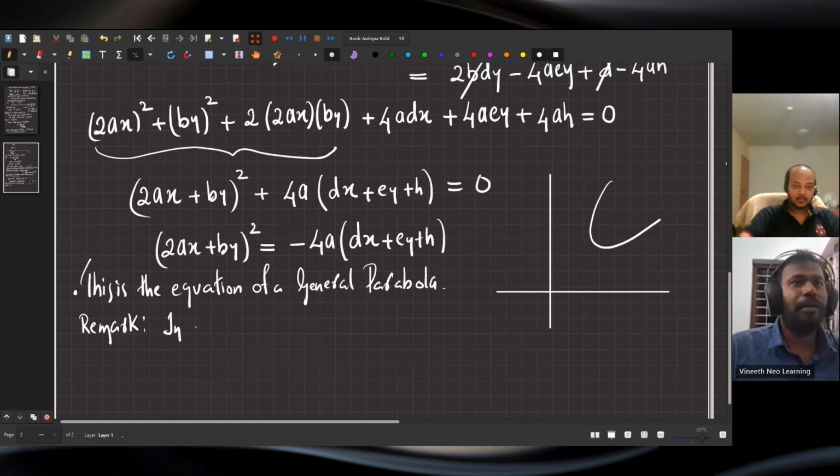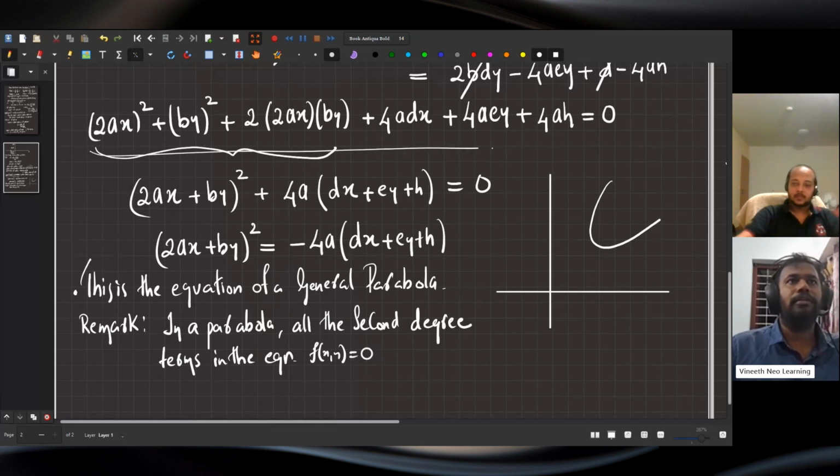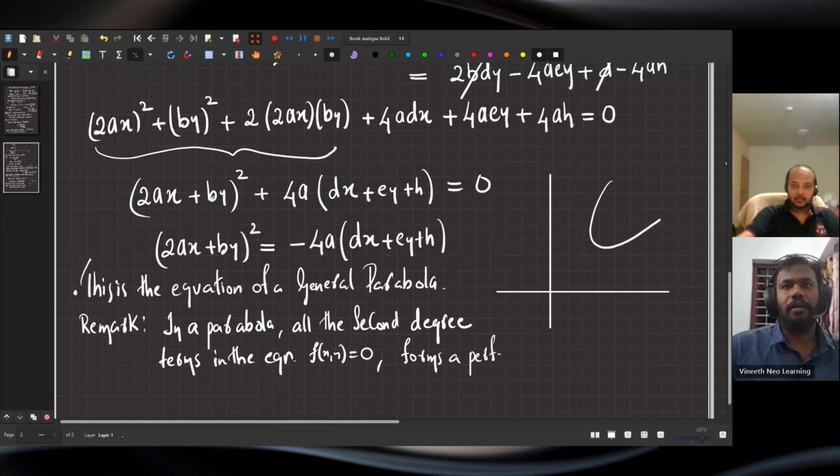In a parabola, all the second degree terms in the equation f(x, y) equals 0 form a perfect square.